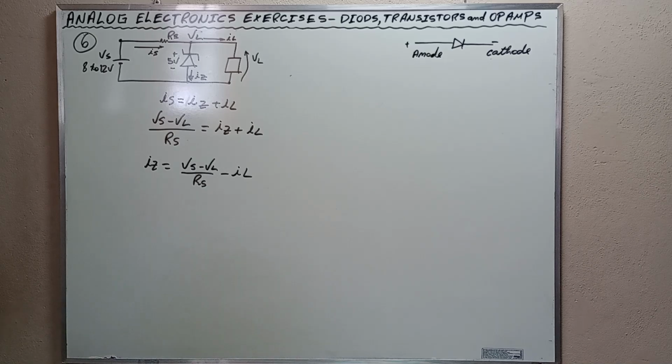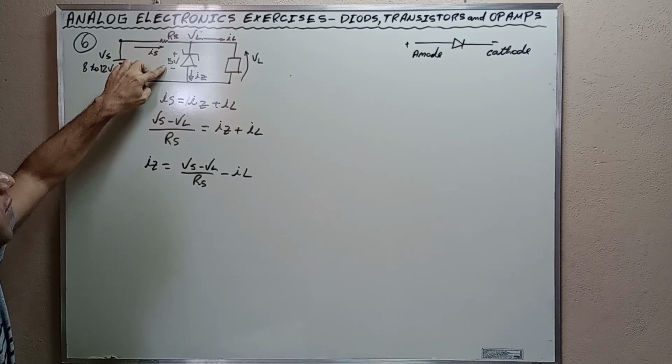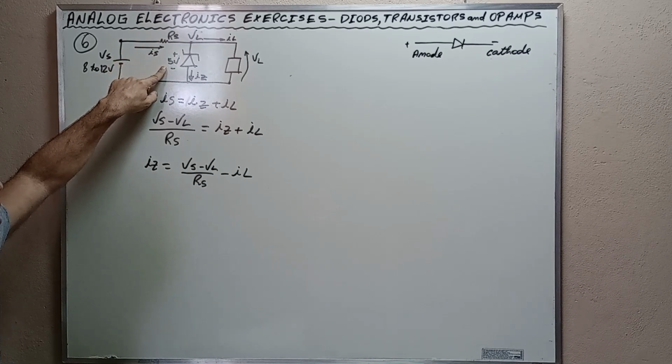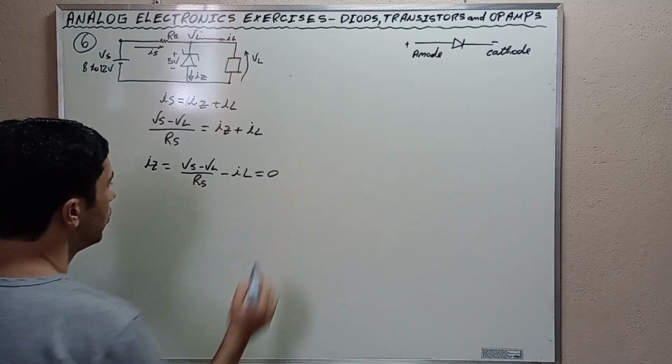We wish the current of the zener diode to be minimum, and it occurs when the voltage VL here is less than or equal to 5 volts. So we wish Iz to be equal to 0.